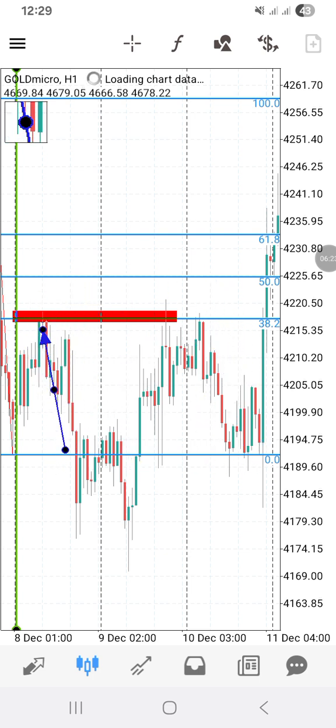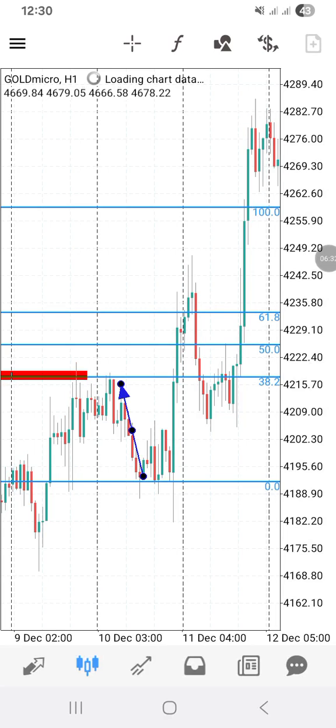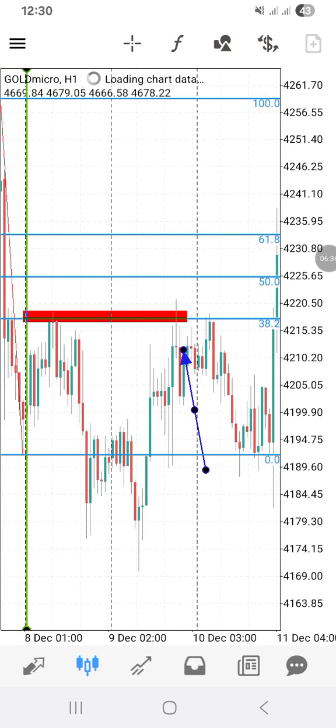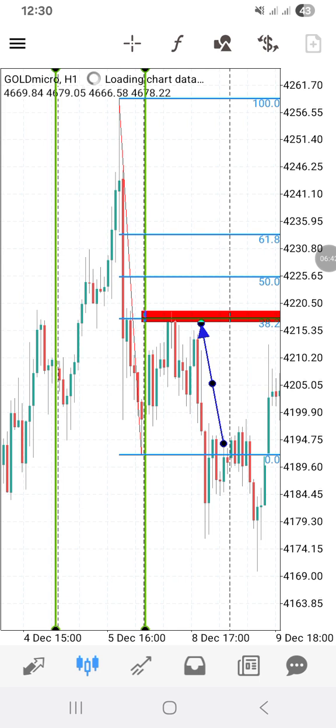It means the orders placed there were strong enough that they held on this day, and this day, and this day, and finally broke, right? But every day you will be trying to scale the market based on Fibonacci. You will place your Fibonacci every day as you go on.